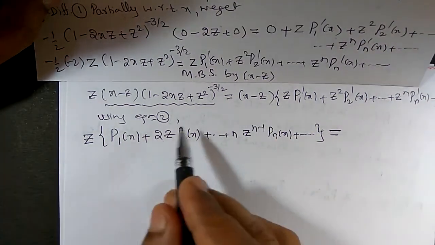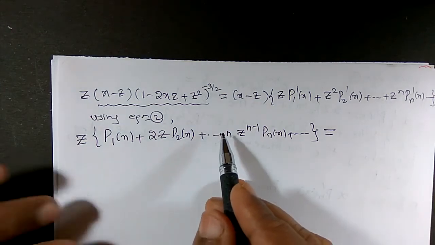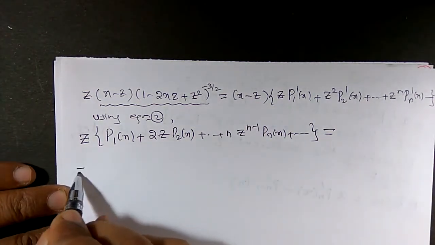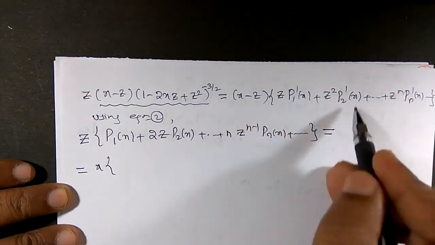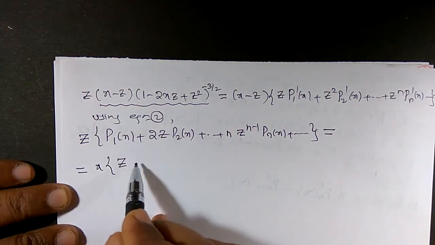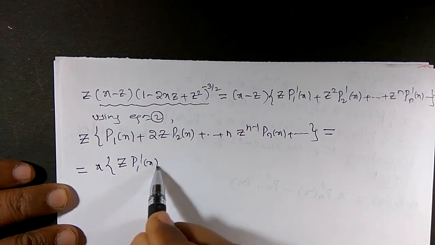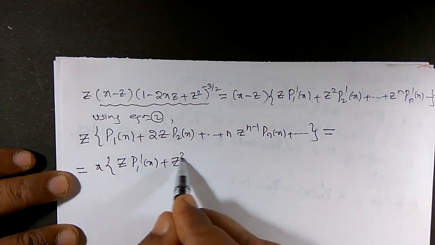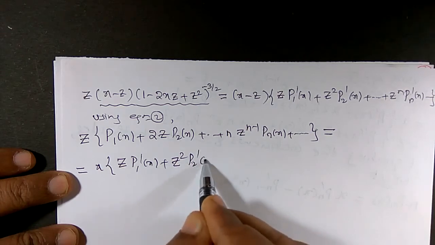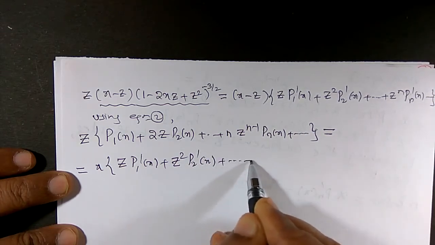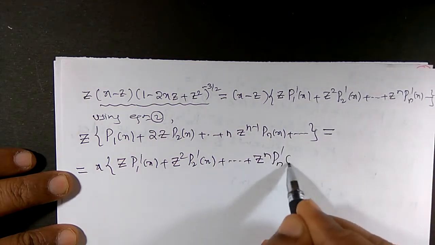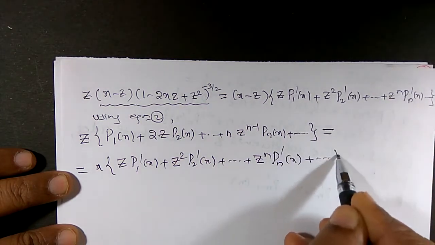Now I want to multiply x into all these terms. This is equal to x into z P1'(x) as it is, z square P2'(x) plus so on, z raised to n Pn'(x) plus so on.